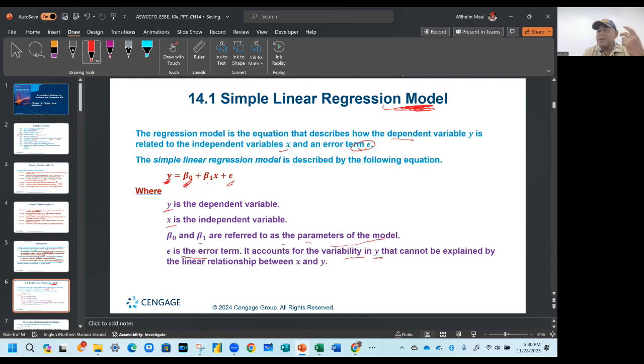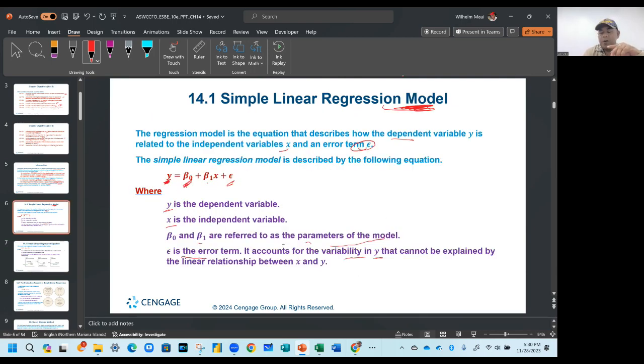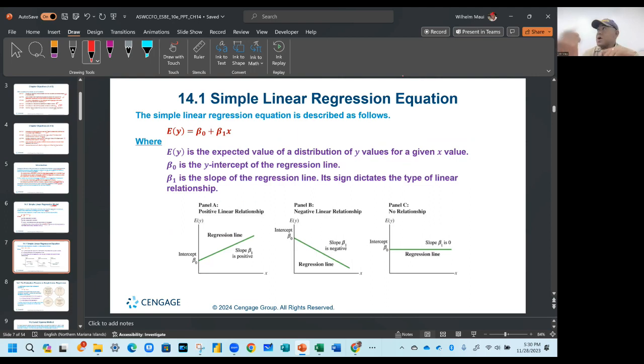We will see later that we're going to use the same technique we've used before, ANOVA, to help us determine what that error term is going to look like. For the simple linear regression equation, from the model we move to the equation form, and you drop that error term.